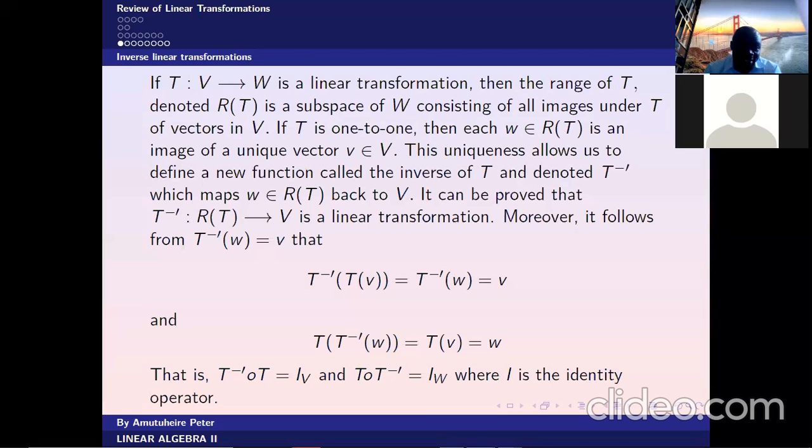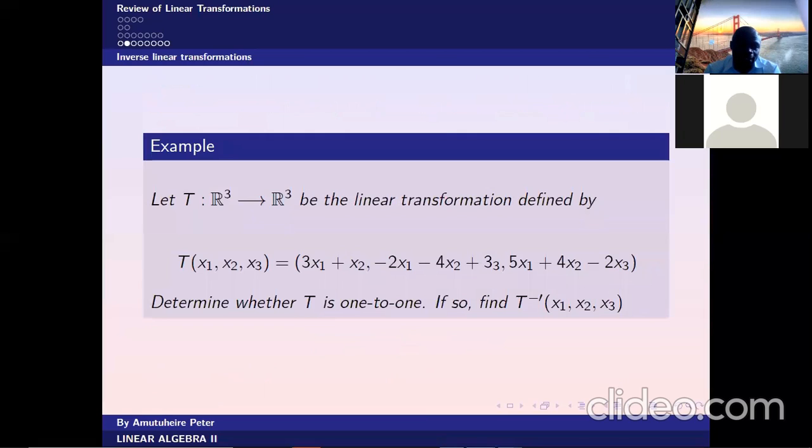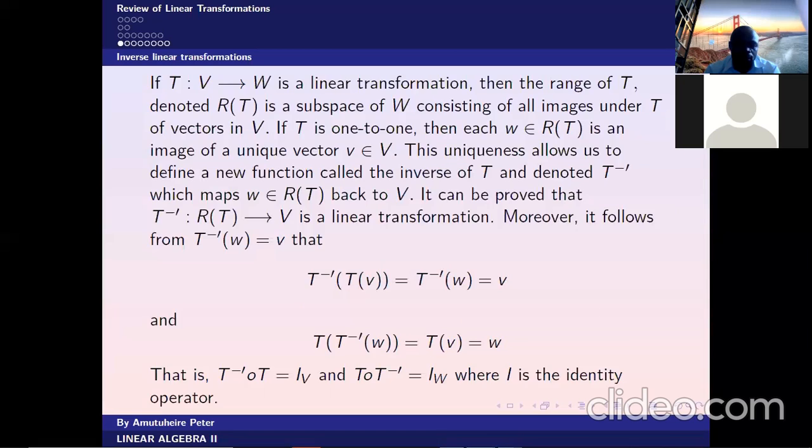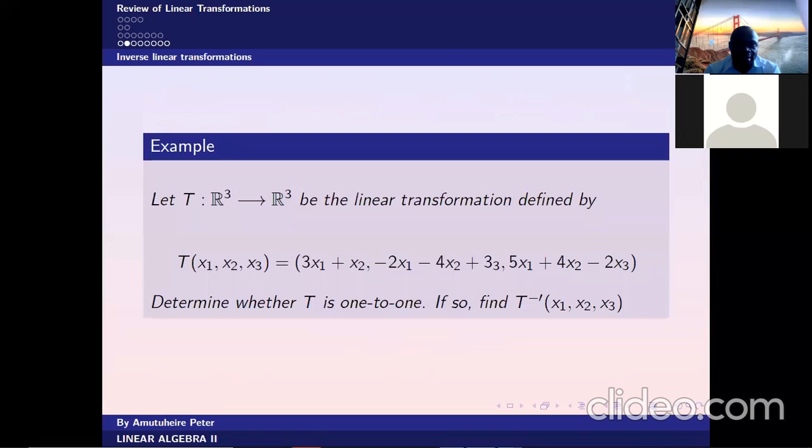Okay, so that is the inverse of a linear transformation, and we want to have a look at an example. We have a transformation which is actually a linear operator, because it works within the same vector space R3. It takes things in R3 and returns R3.